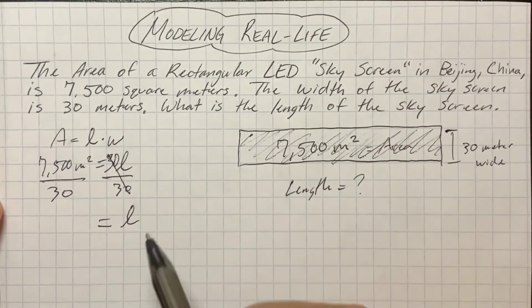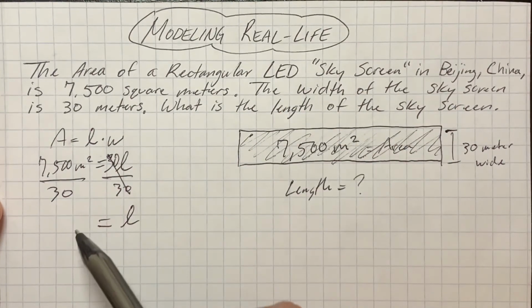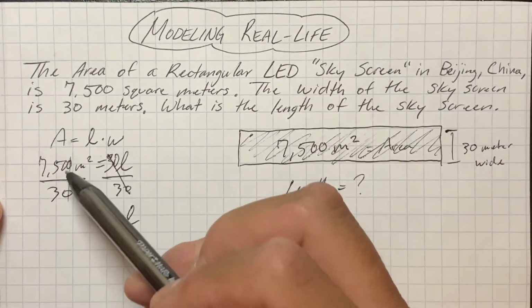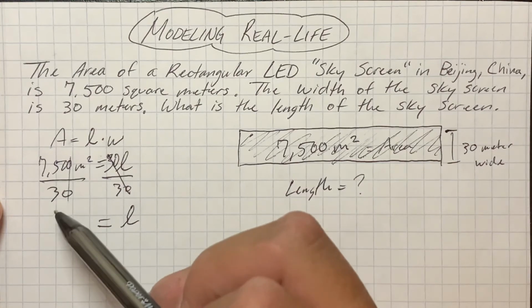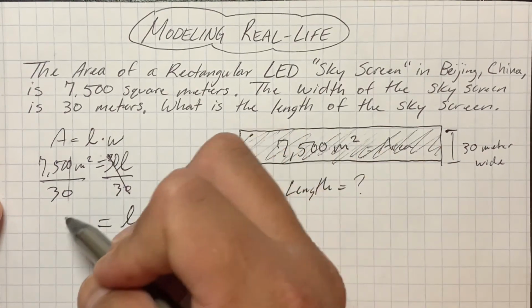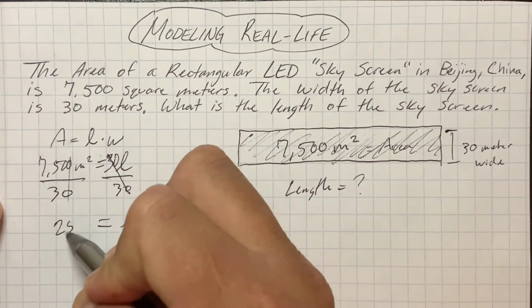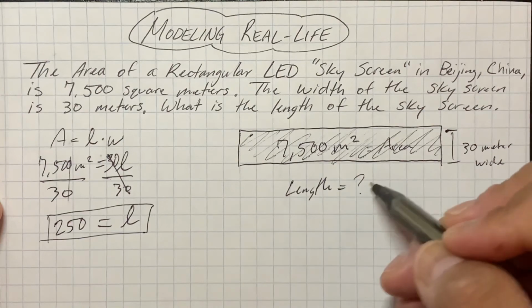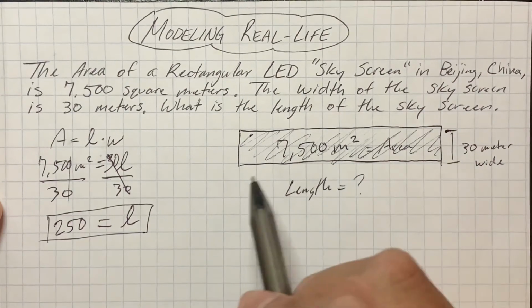The variable L for the length is by itself, so I can cross that out. And then we have 750 divided by 3. That will be 250. And we're saying that 250 equals the length. So the length is 250 meters long.